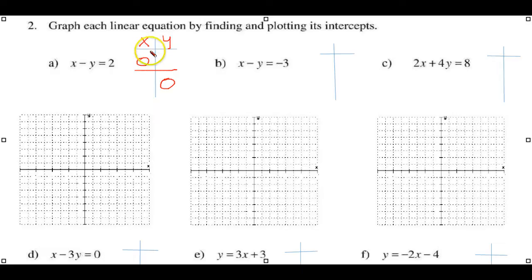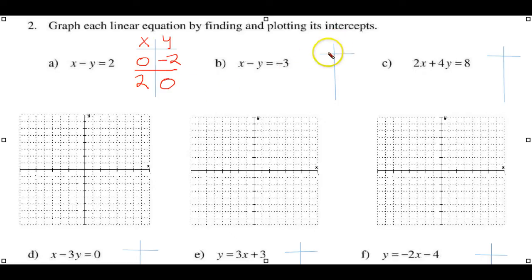Now we do substitution. If x is 0, a negative y is 2, so dividing each by a -1 gives us y as a -2. Now if y is 0, x equals 2. And we'll get to plot these shortly.